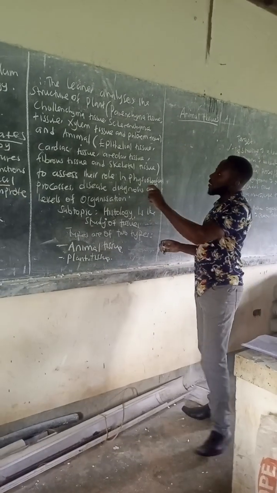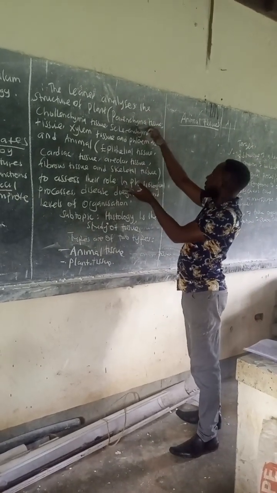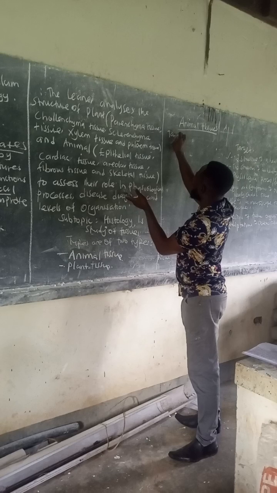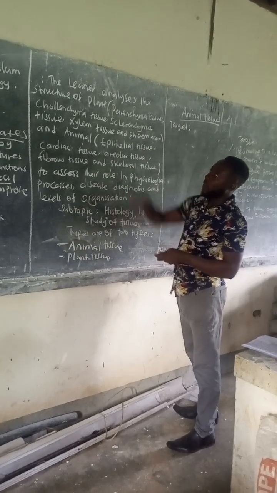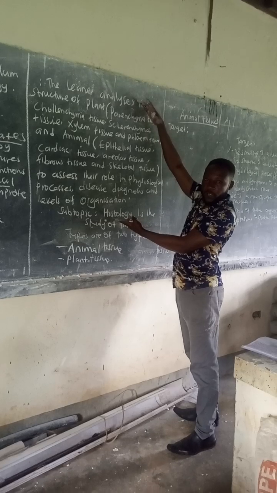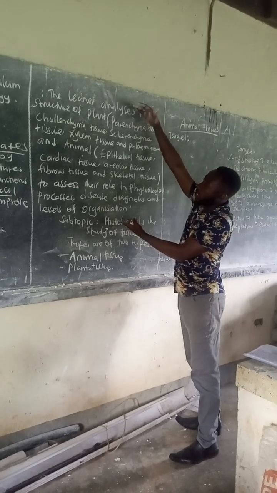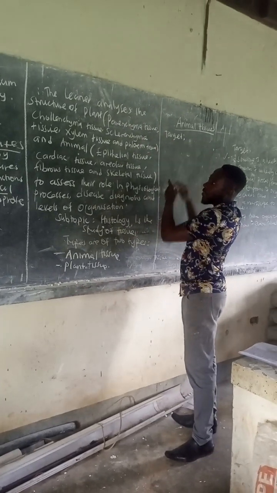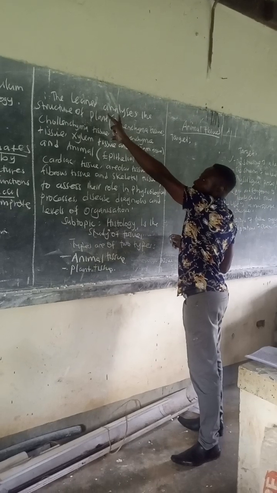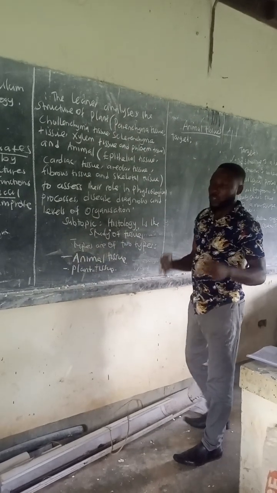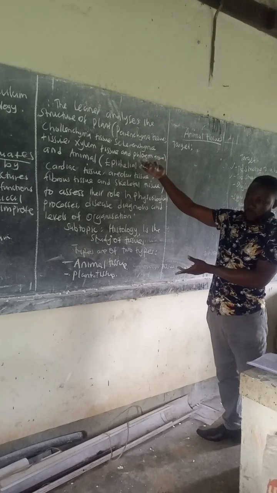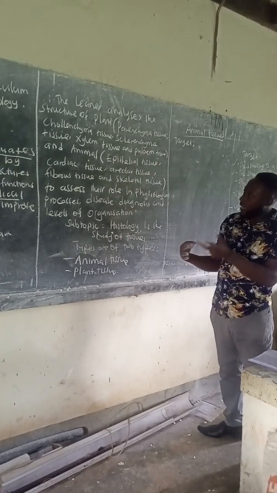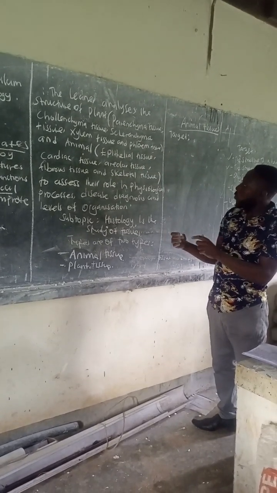What you're going to cover is, first, get your target. Even as a teacher, get your target: pick from the learning outcome which is already given to you here, and place it here. Now the whole learning outcome covers both plant and animal tissue, so we are going to break it down one by one. We want to get a learning outcome which specifically covers animal tissue.